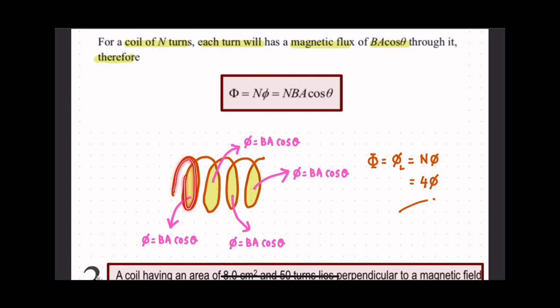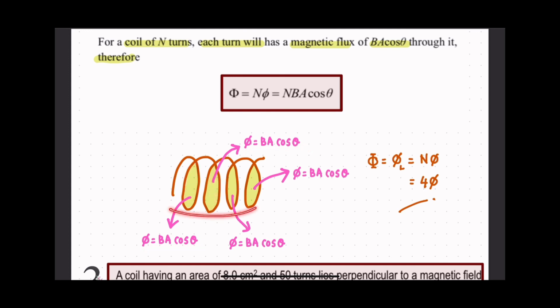We have a solenoid or any coil with several turns. So maksudnya you ada banyak surface. Kalau you ada satu saja loop tak ada masalah, tapi kalau more than one turn, you kena consider semua. Jadi you kena dapatkan dia punya magnetic flux linkage lah. So satu surface is BA cos theta, another surface pun is BA cos theta.